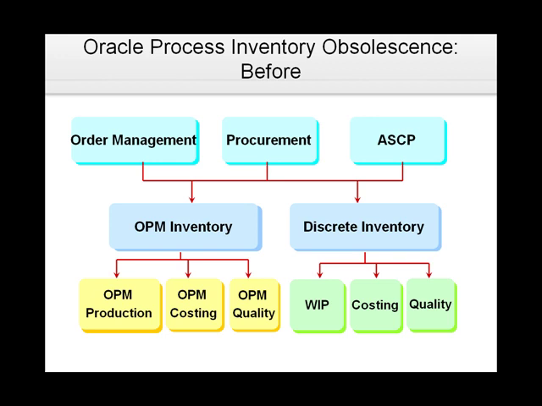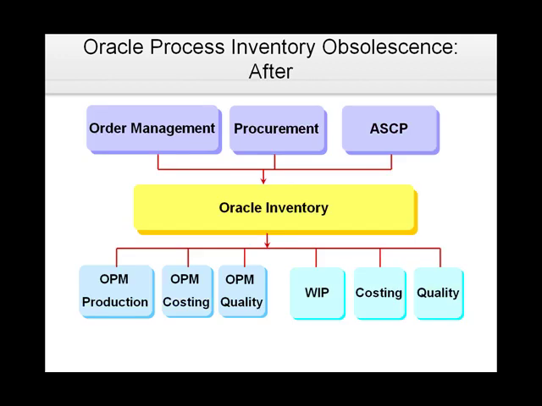Now what structural changes they have made in R12, that we are going to see: the structure of this organization after obsolescence. Now you can see this slide wherein previously there were two separate inventory organizations. Now they have synchronized these two organizations into one single inventory organization.